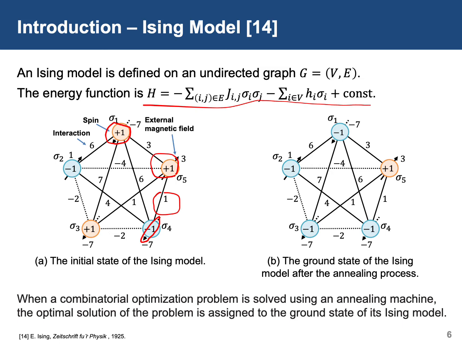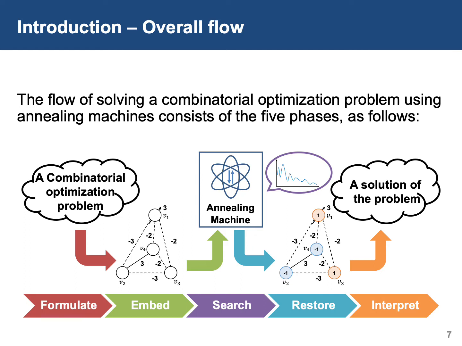This slide integrates the contents described in the previous slides and shows the process of obtaining a solution to a combinatorial optimization program using an annealing machine. There are 5 phases to obtain a solution.